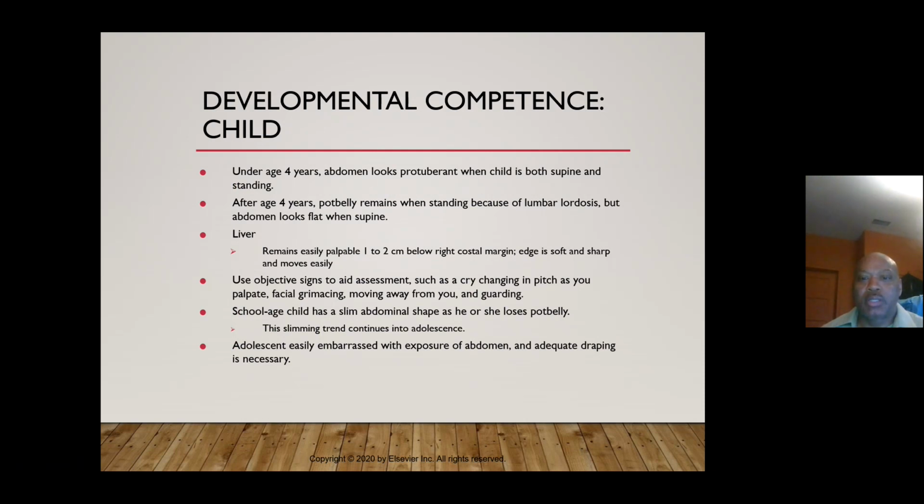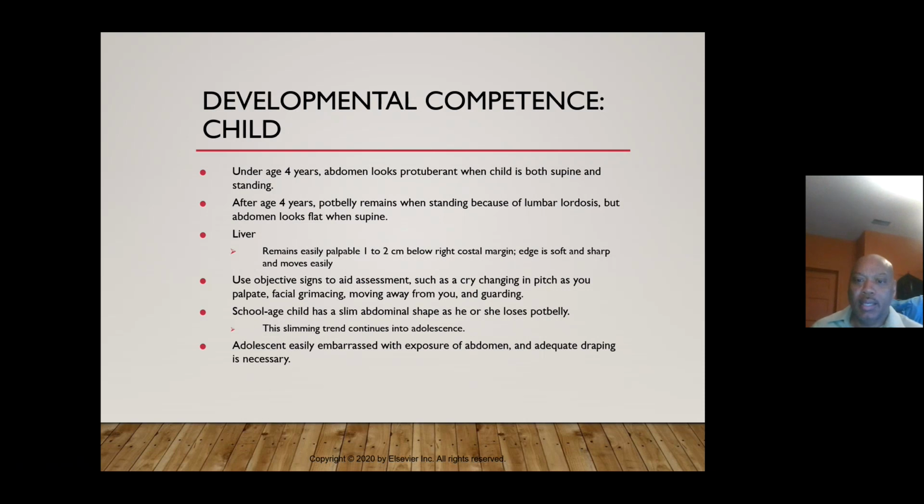And then as far as developmental competence, how our infants or these children develop over time. So under the age of 4 years, the abdomen looks protuberant when the child is both in the supine position as well as standing. After 4 years of age, then you'll see this characteristic pot belly, and it remains when standing because of lumbar lordosis.